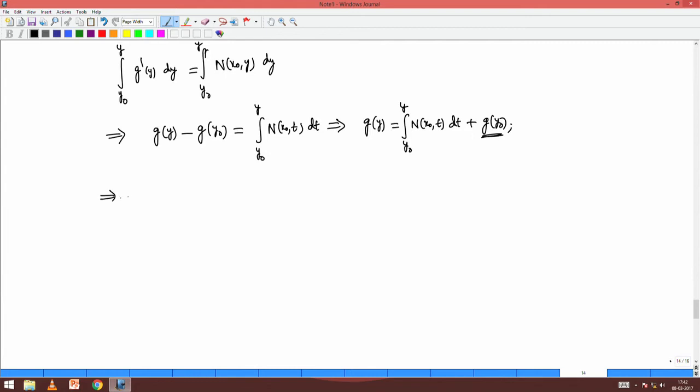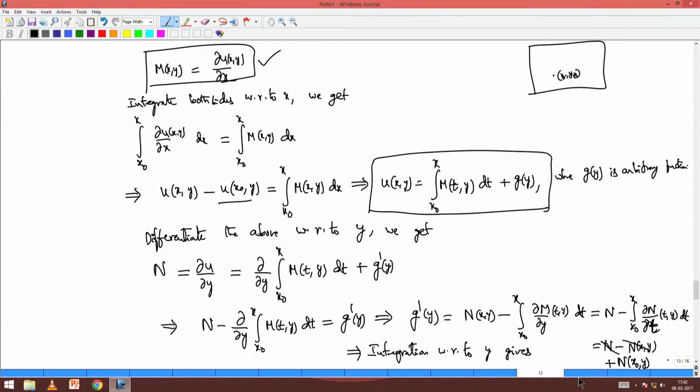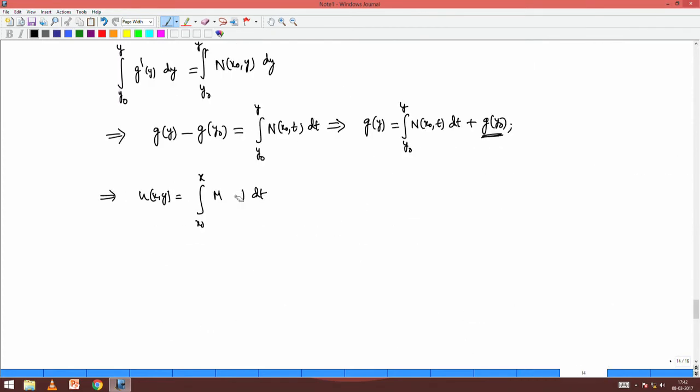now this implies u of x y which is equal to integral x naught to x m of x t dt or x ty dt, m of t y dt plus gy, that gy I can replace with this, that will give me y naught to y n of x naught to t dt plus this constant c, where c is g of y naught.